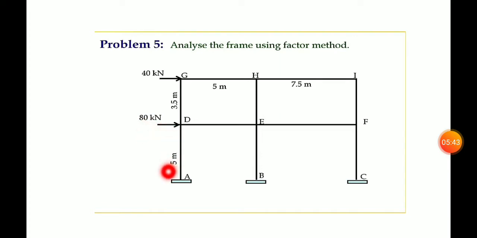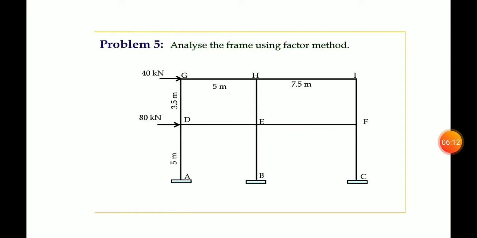The columns are A, D, G, B, E, H, C, F, I, and the vertical distance between two stories is 3.5 meters. The beam lengths GH and DE are 5 meters, HI and EF are 7.5 meters, and the column lengths are 5 meters each.